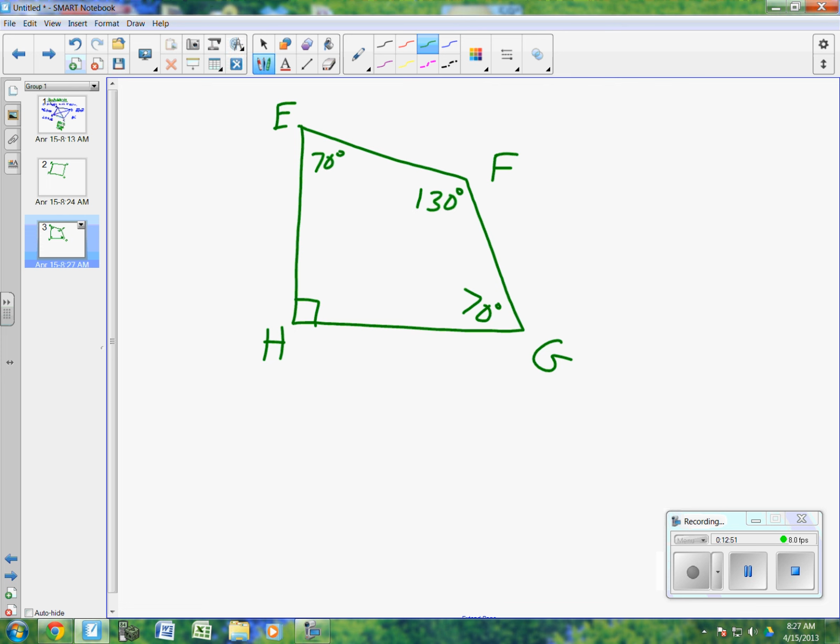Okay, B. If measure of angle E equals X, okay, so we're going to erase these. Measure of angle E equals X, and measure of angle F is 124. And measure of angle G is X plus 20. Find measure of angle G. How are we going to do that?